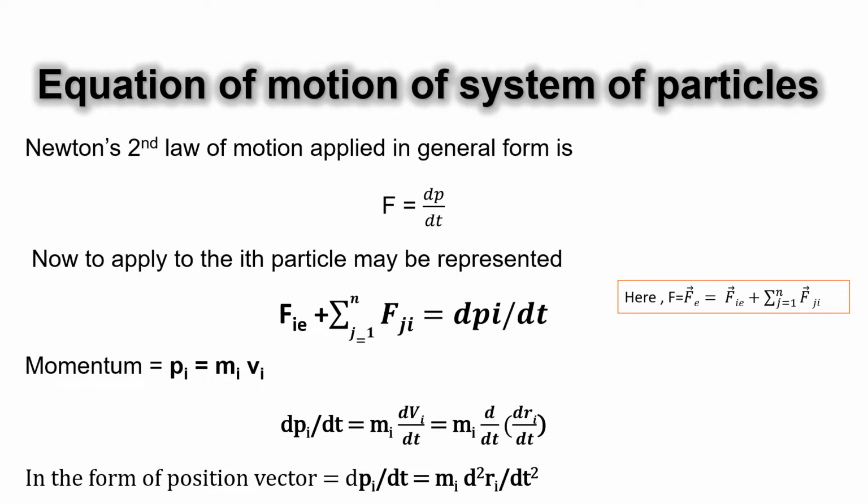That is the equation for the ith particle, the sum of forces for the system of particles. The whole force will be equal to dp_i over dt, where i is a subscript, not a multiplication.